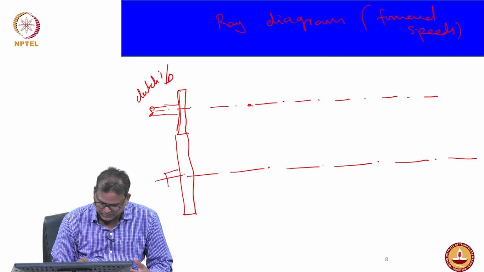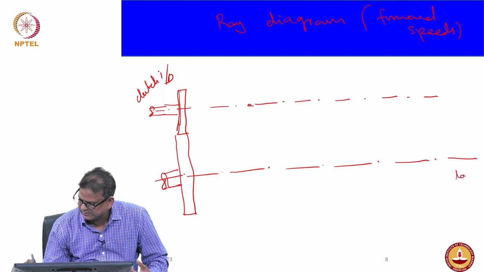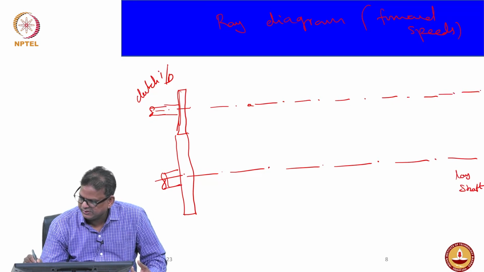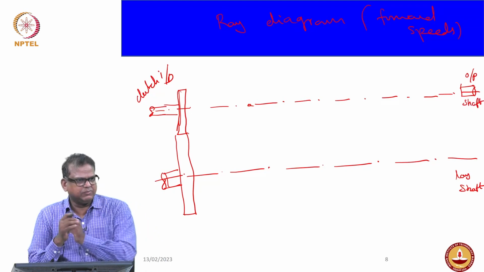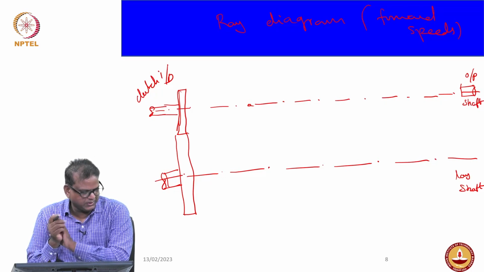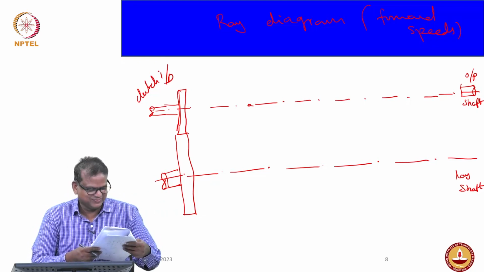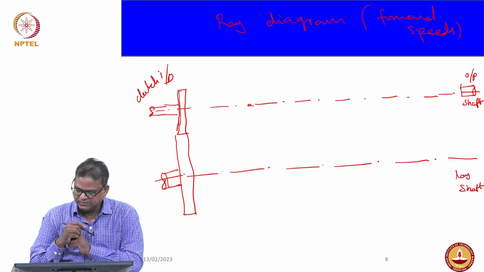This is my layshaft, and this is the output shaft. Okay. So how are you going to do the ray diagram? Where is the first speed going to be? It has 5 gears, 5 plus 1, so we are going for 5 gears.